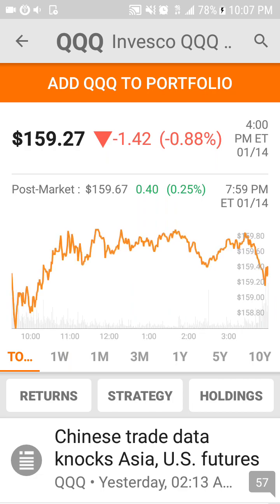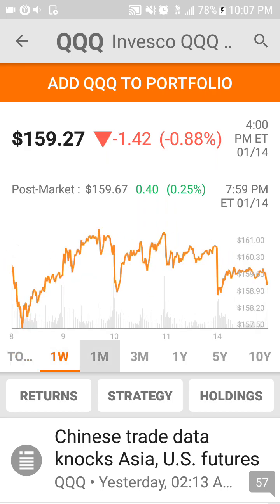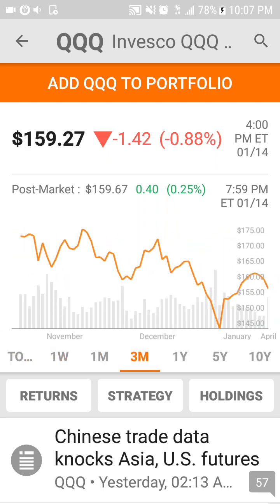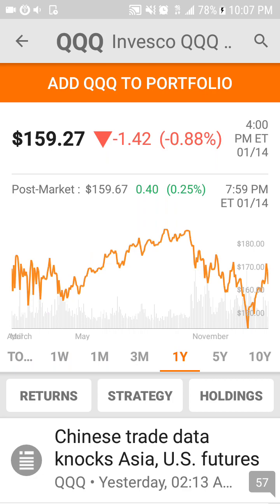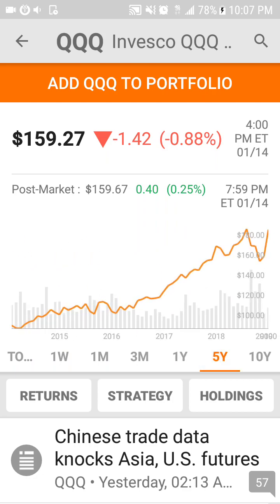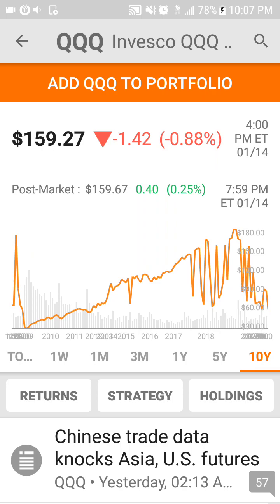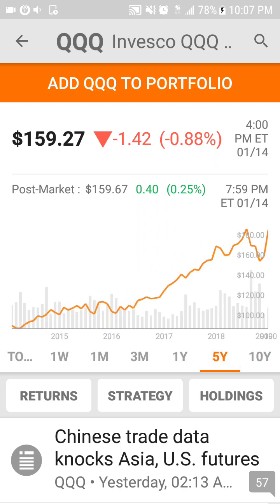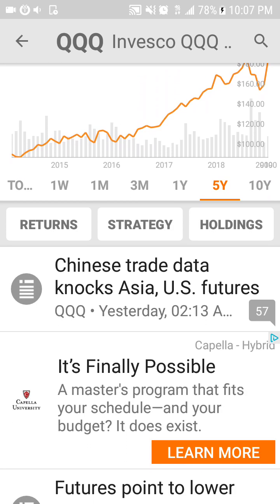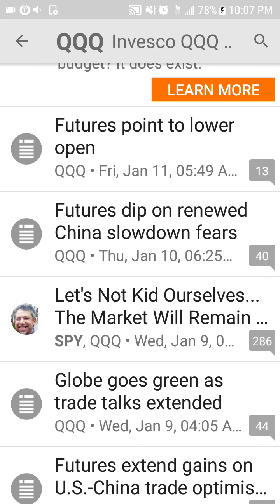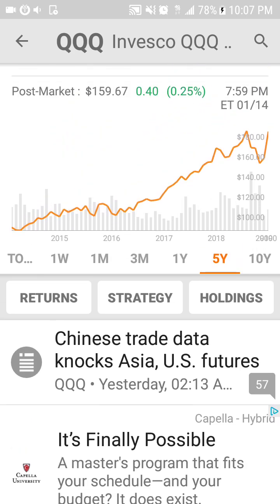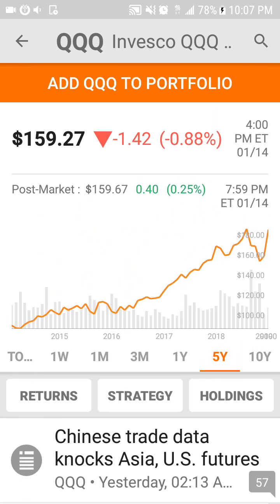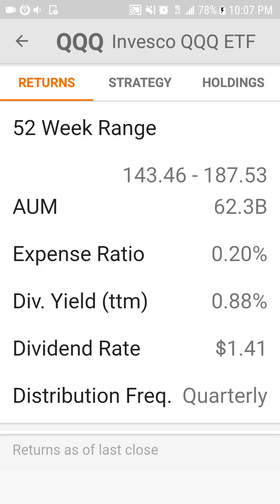Under that is a chart, with the past week performance, past month, 3 months, 1 year, and for the long-term holders, 5-year and 10-year. Under that, you can see the relevant news and current events that mention the Qs. All right, I'm going to go into returns.